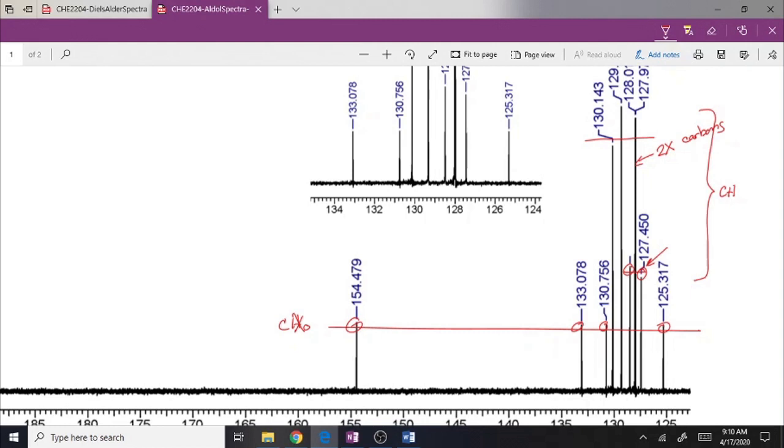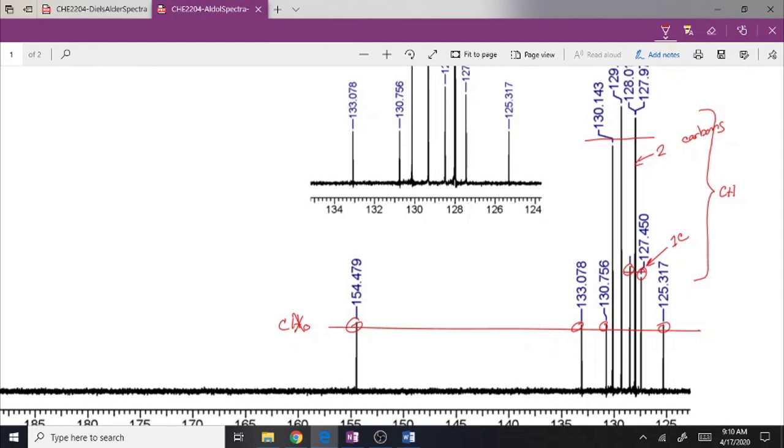And these shorter ones then would be 1 carbon, and the taller ones would be 2 carbons, or some multiple thereof, 2 carbons and 4, 3 and 6, whatever. But you'll need to be able to do the same analysis. You did this for the Aldol and again for the Diels-Alder, but this is how you do that analysis. The shortest peaks are carbons with no hydrogens.